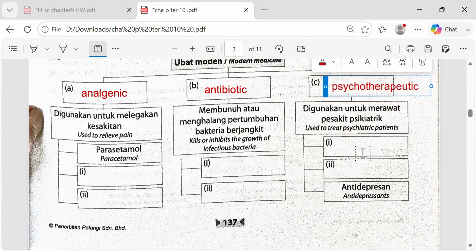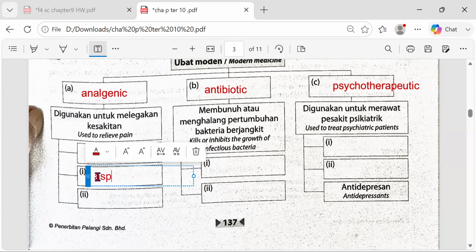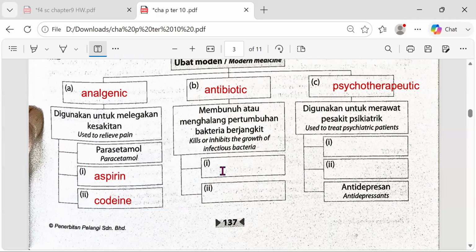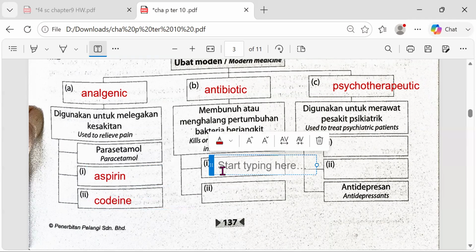Paracetamol. Who else? Aspirin. Codeine. Antibiotic is penicillin, streptomycin.